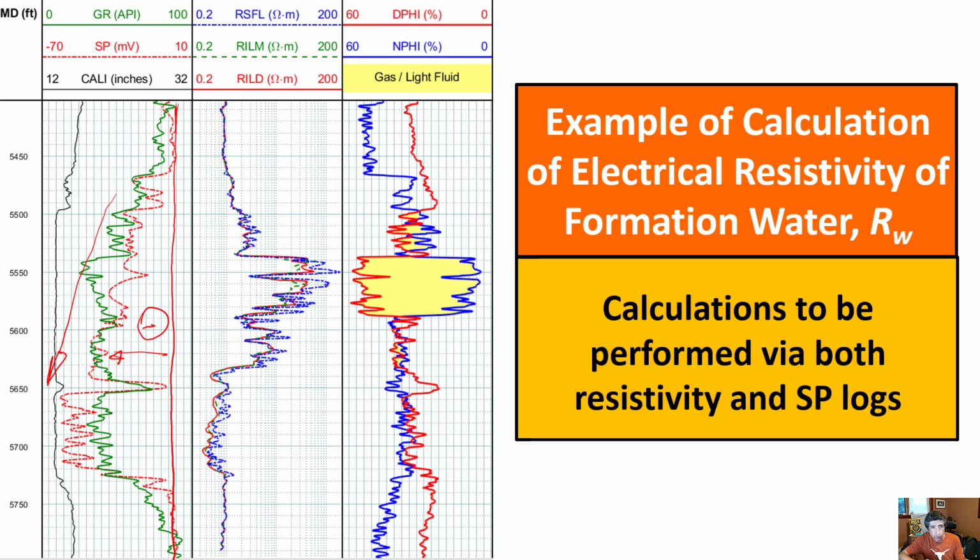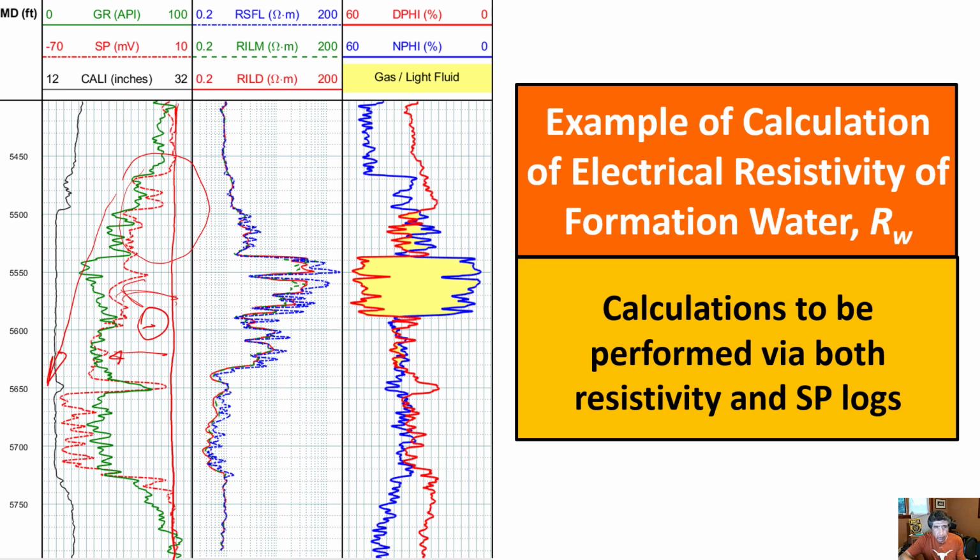So we have some decreased deflections, especially at the top, because the volumetric concentration of shale is considerable. Second, we know that the upper formations are hydrocarbon saturated, and because of that we also have a decrease in the deflection of the SP log. So all of those things combine to produce the results that we see here.